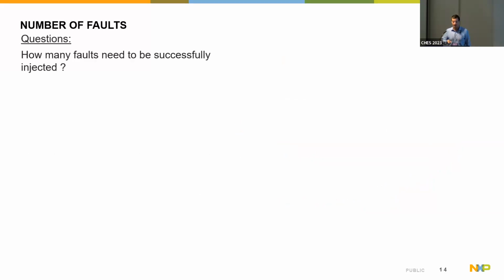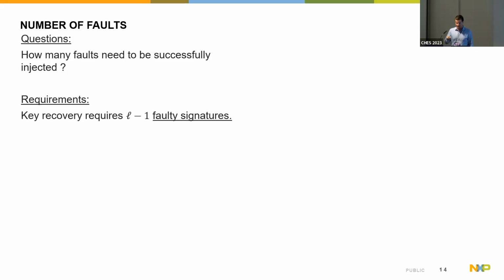Okay, so now I know that I can insert a fault, but I'm not sure that I will get the faulty signature. So essentially, how many faults do I actually need to inject to be able to recover the key? The strict requirement is that you need to obtain L-1 faulty signatures. So we made a graph like this.